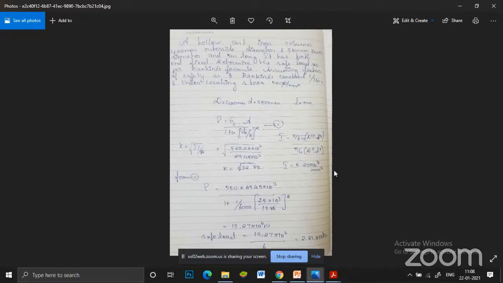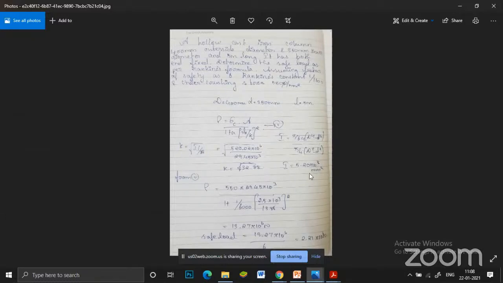So to find the moment of inertia, we take the moment of inertia for the whole cast iron column minus that of the inner circle. After solving that, you will find the I value.